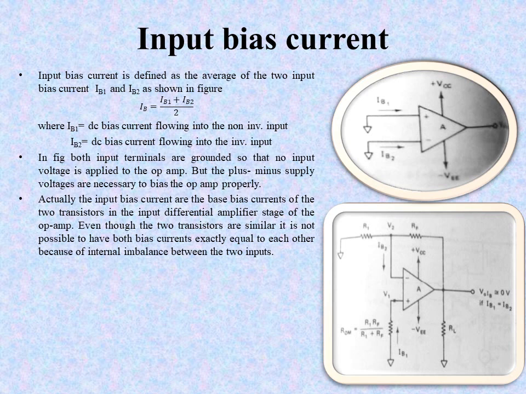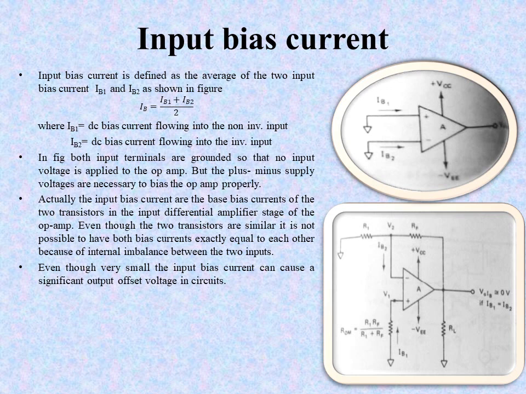And why will this arise? This will arise because two transistors, howsoever they are made, are not completely identical. So the internal imbalance between the two inputs gives rise to this current. Even though very small, the input bias current can cause a significant output offset voltage in the circuit.